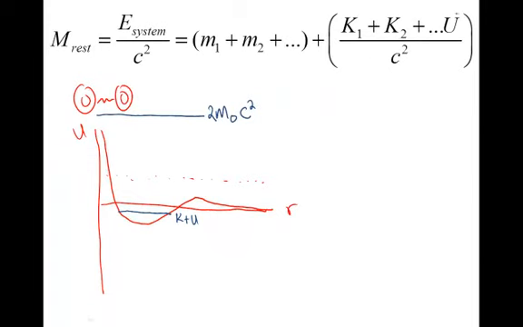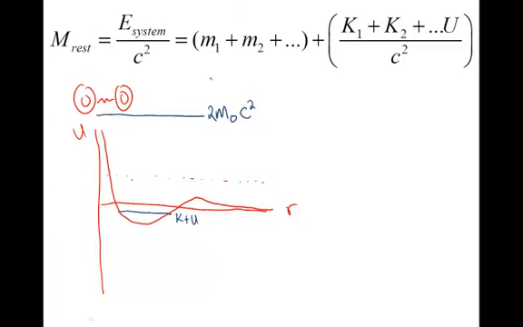Now looking at this term right here, this is the kinetic energy of the individual parts plus the potential interaction between the two particles. We see that this has a negative value. K plus U has a negative value. So the total energy of this oxygen molecule is actually slightly less than the sum of the rest energies of the individual particles.